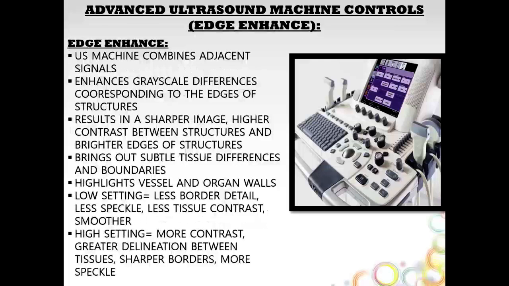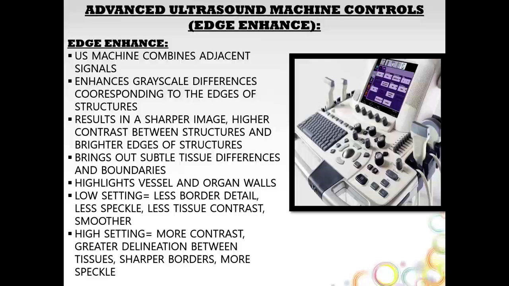Edge enhance. This is where the ultrasound machine combines adjacent signals, so adjacent echoes, and it lets us see the edges of structures better. So there's going to be a higher contrast between different structures and different types of tissue, and can really bring out subtle tissue differences and boundaries of a mass.